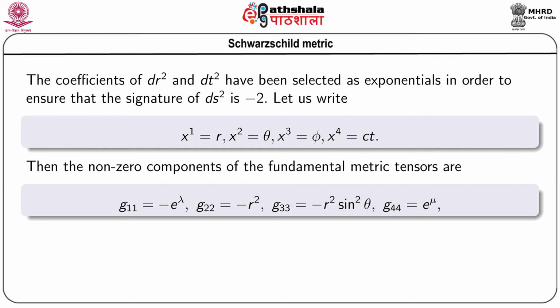So, these are the coefficients of the fundamental metric tensors gij, which we have learnt in our previous chapters. And other gij's are 0 for i not equal to j.